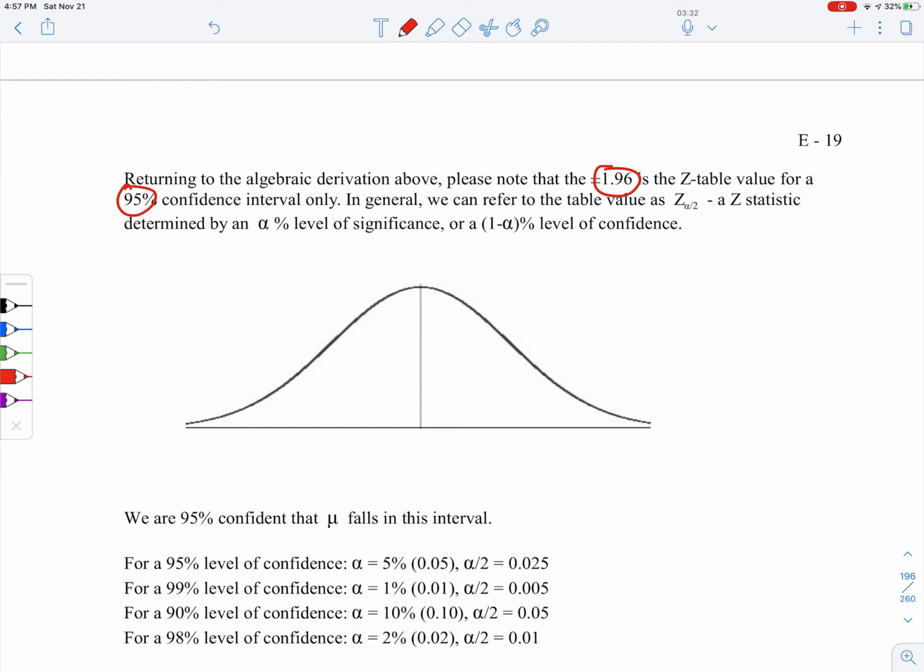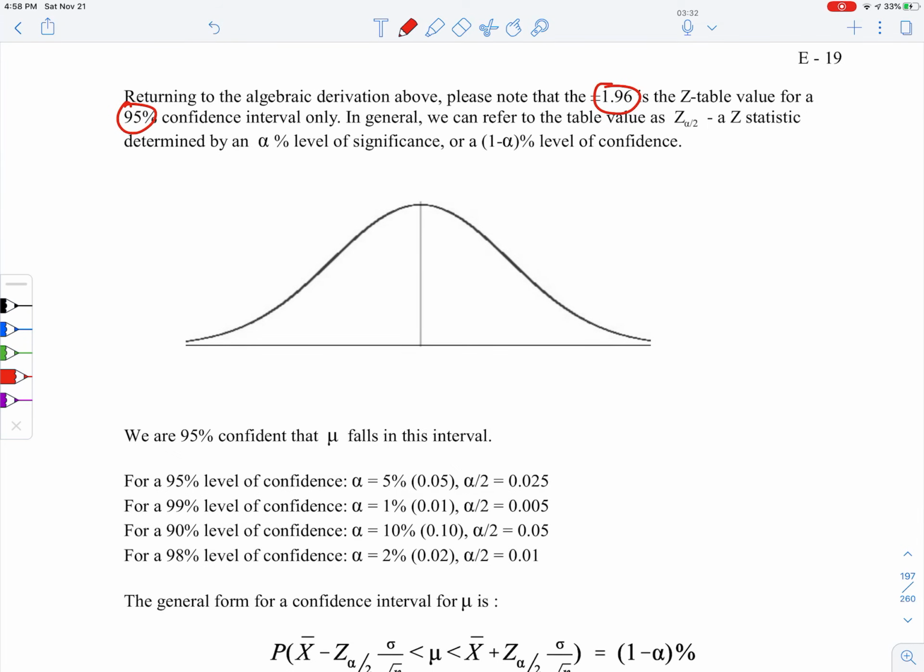If we want to be 99% sure, then we would actually have a larger number there than 1.96, and that would make the margin of error larger, so the interval would be larger, so that we're more certain that our interval contains the true mean.